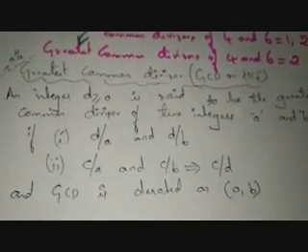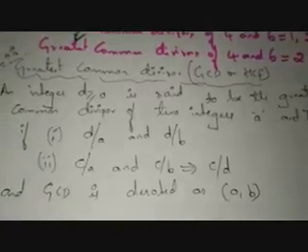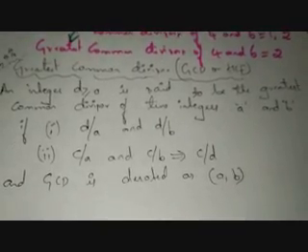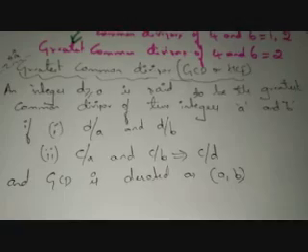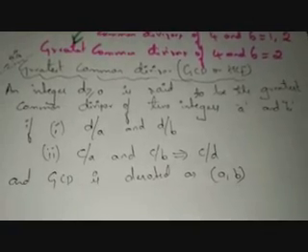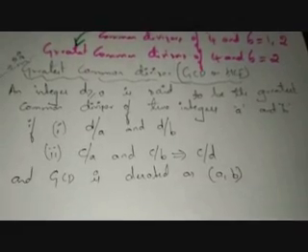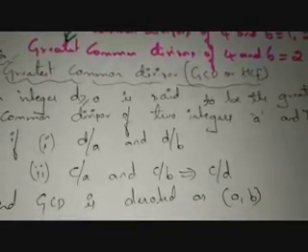So an integer d that is greater than or equal to 0 is said to be the greatest common divisor of two integers a and b, if these two conditions are satisfied: the first condition is d divides a and d divides b, and the second condition is c divides a and c divides b implies c divides d. If these two conditions are satisfied, then that particular d we call the greatest common divisor.